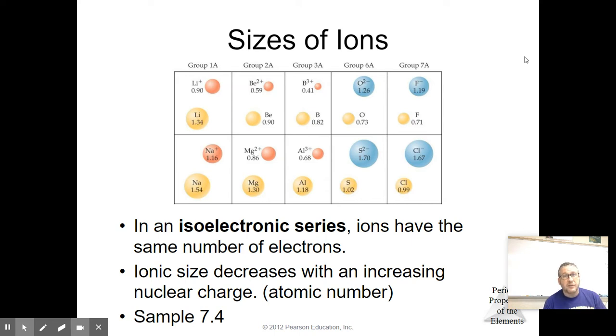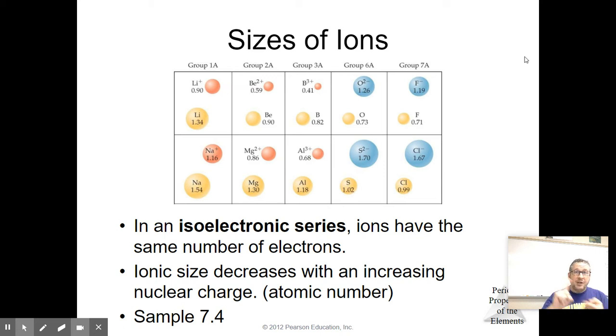Really, all it means is we have a group of ions or elements, if you will, that have the same number of electrons. One thing we need to remember when we're talking about ionic size, if we have a set of ions that have the same number of electrons, we can determine the size of those and compare them between that group based upon their atomic number or nuclear charge.